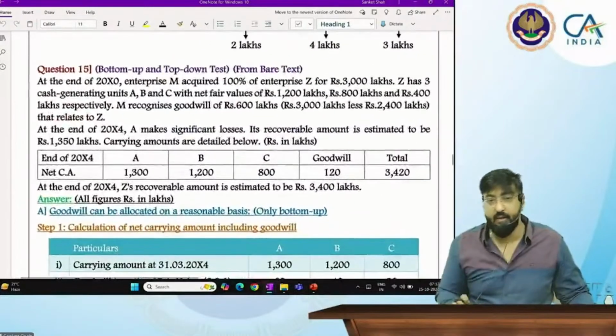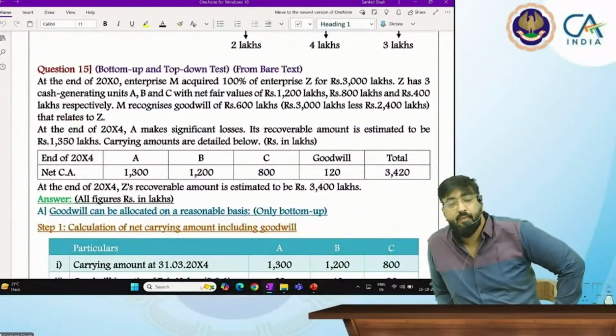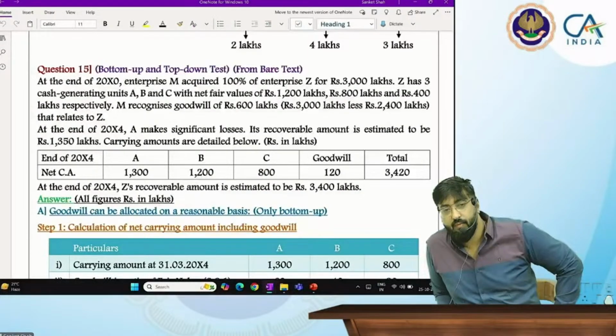Okay. So Deepak ji, this is a question of bottom up and top down approach, correct? Yes. What did you understand? How to do impairment?